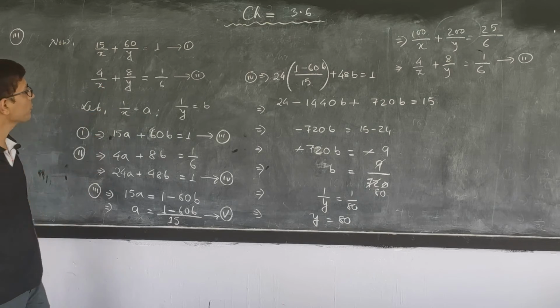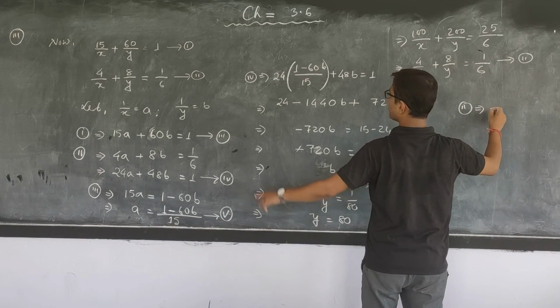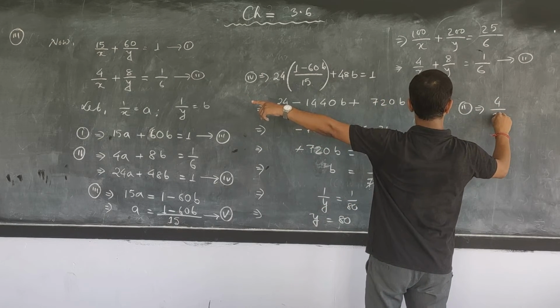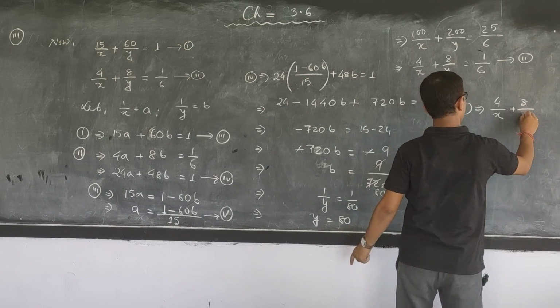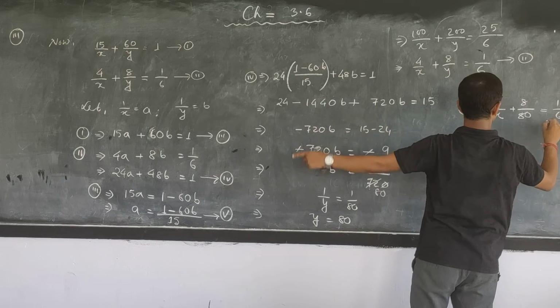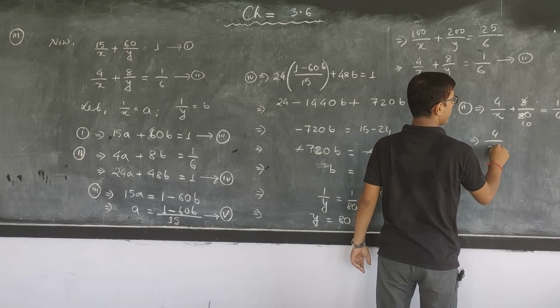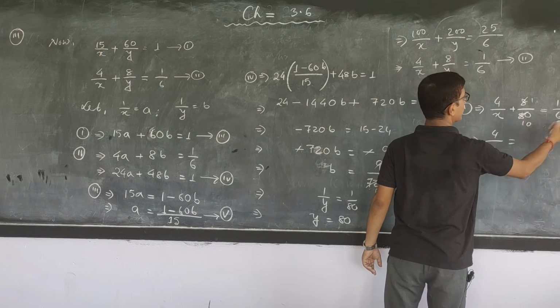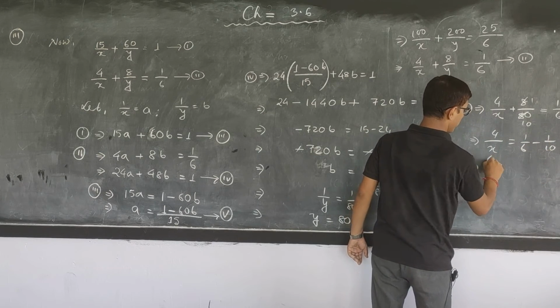So equation 2 implies we will write 4 by x plus 8 by y. What was y? 80, is equal to 1 by 6. 4 by x equals 1 by 6 minus 1 by 10, 1 by 10 will go that side. Hope you have understood.